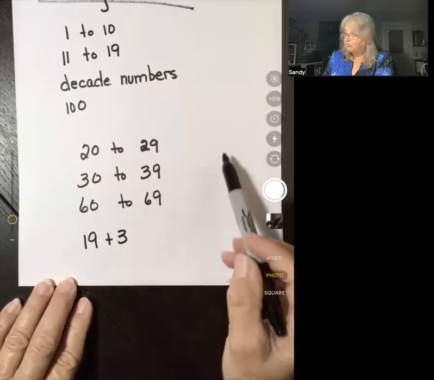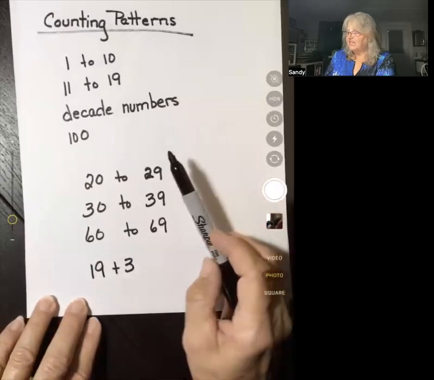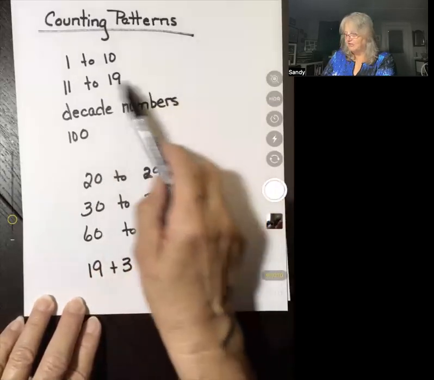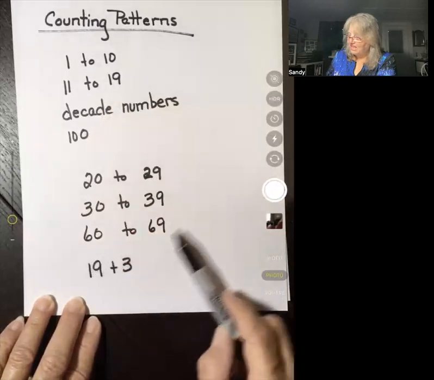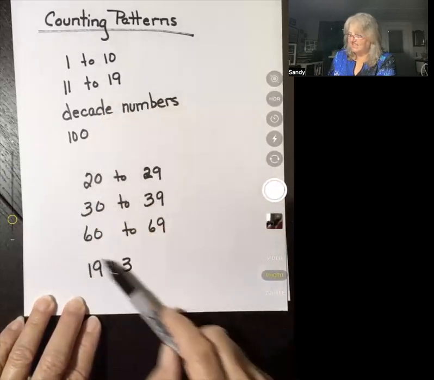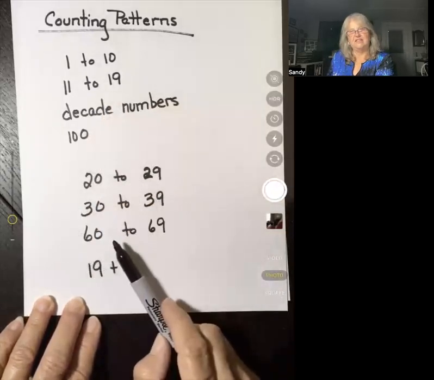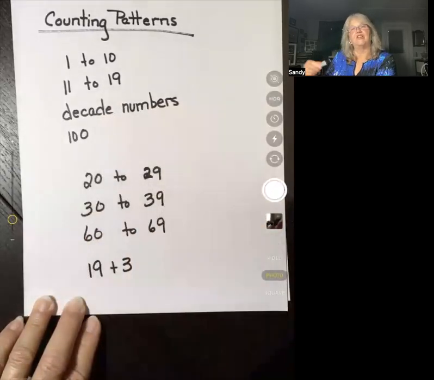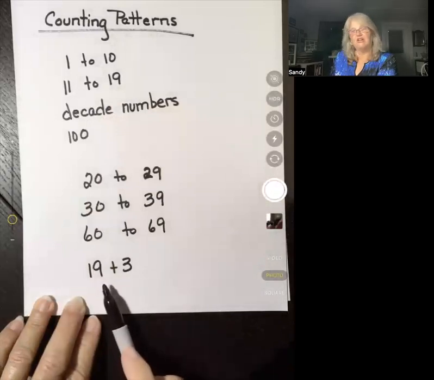So it's really important that your child not just know how to count to 100, but the patterns that occur, that within each decade, the pattern repeats. It's important that they can count by the decade numbers and are comfortable with that, because this one takes them across a decade.